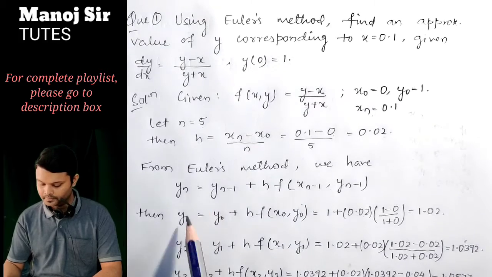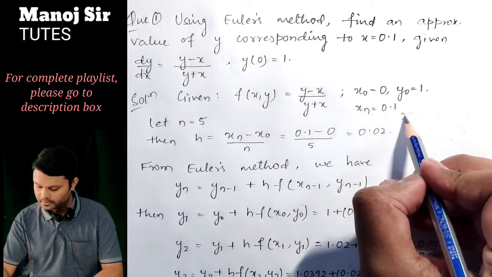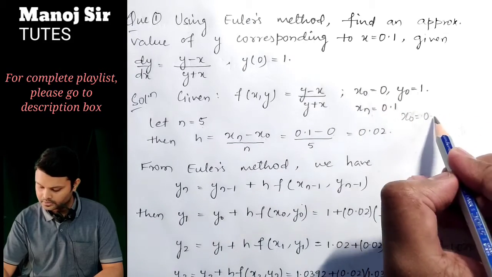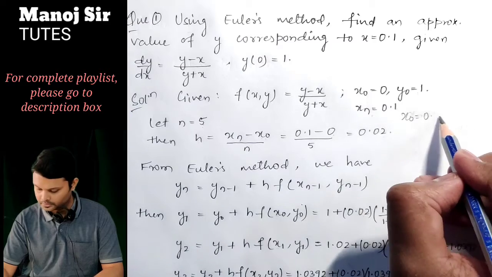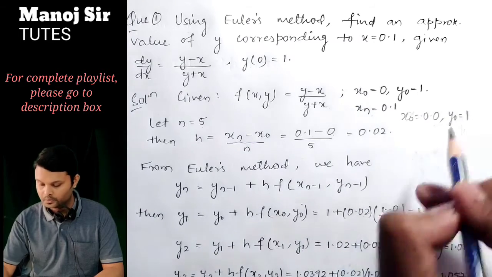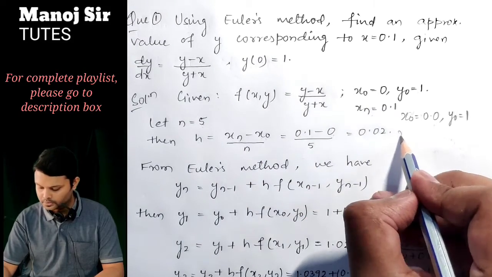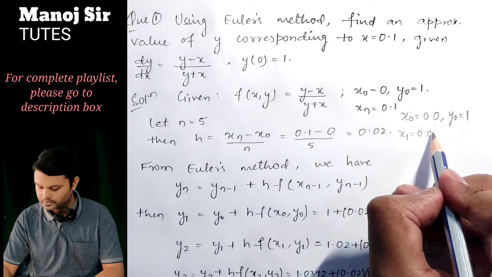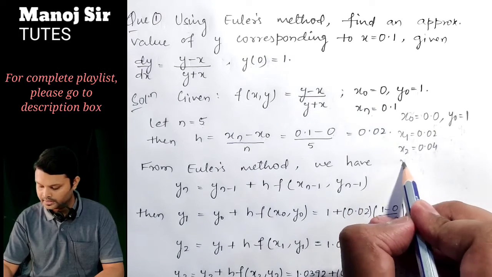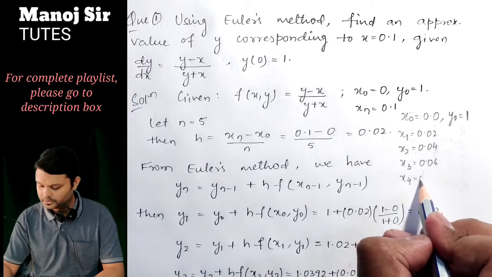So first of all we will find y1, but here we have x naught. What is x naught? It is 0. Okay, let's say this is 0.0. And here we have the value of y naught, that is 1. Here we have taken h equals 0.02. So the value of x1 will be 0.02, x2 will be 0.04, x3 will be 0.06, x4 will be 0.08.